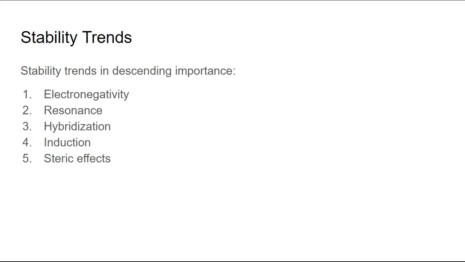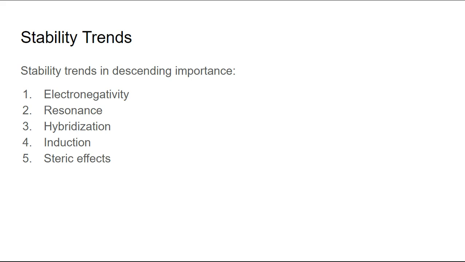This stabilizes the molecule because it's just generally more stable if the electrons are more focused onto a group of atoms, what's called an electron withdrawing group, because then the electron poor region that isn't on the electron withdrawing group has far fewer electrons and is less likely to react.